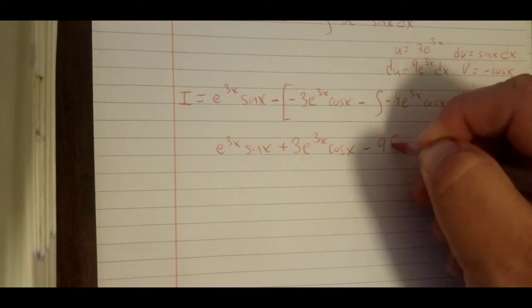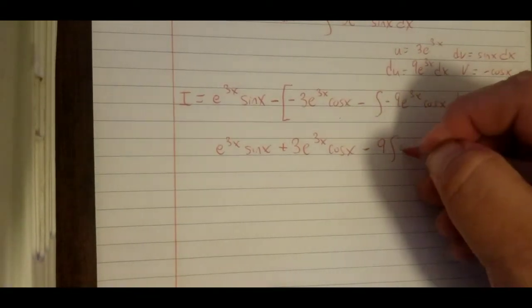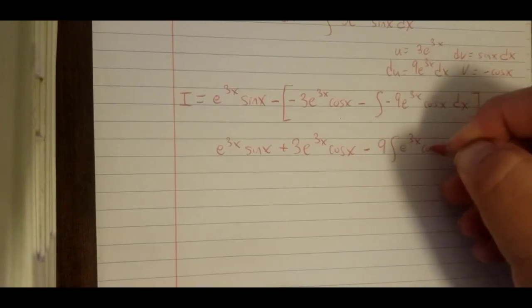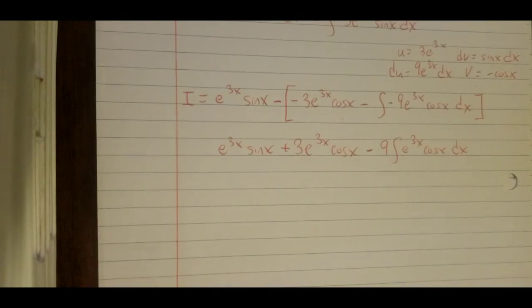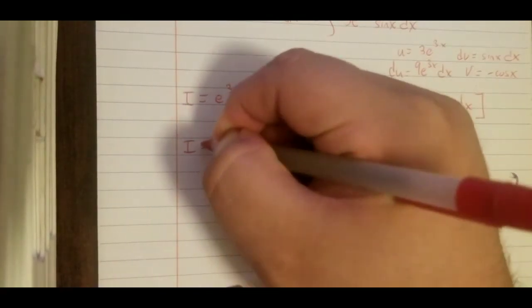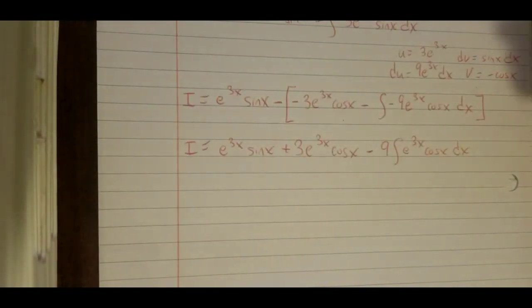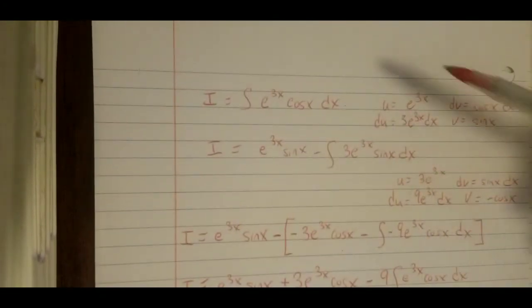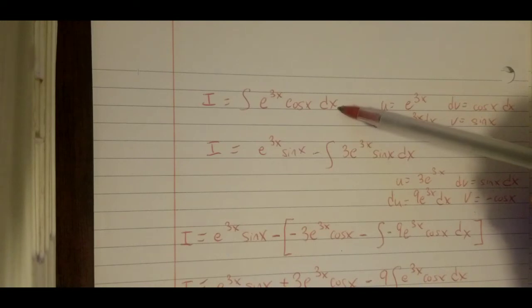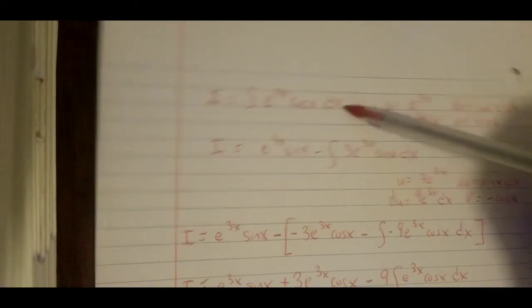Minus 9, I'll pull that coefficient out in front, times the integral of e to the 3x times cosine of x dx. Well, remember, we're setting this whole thing equal to our integral I, but remember, I was the integral of e to the 3x times cosine x dx.